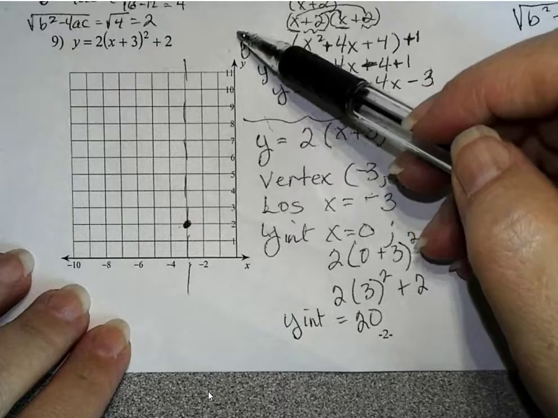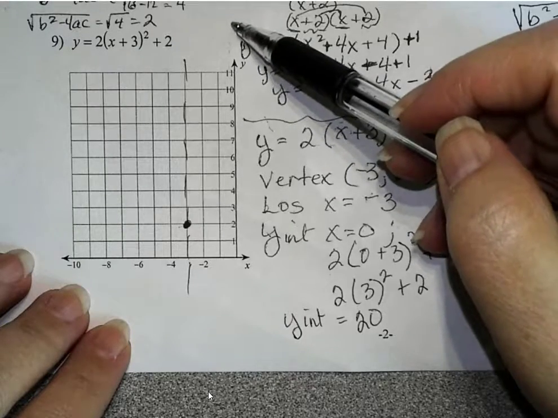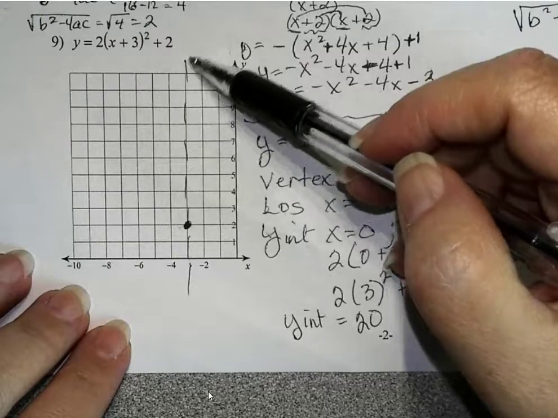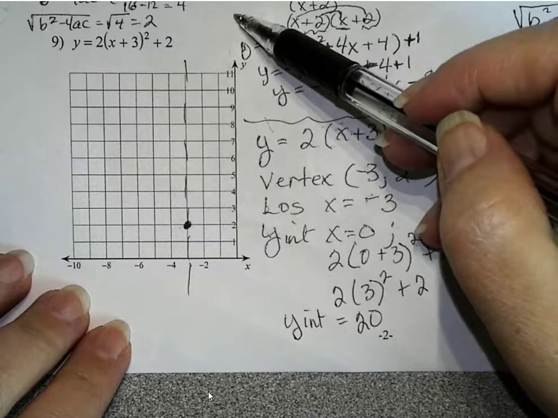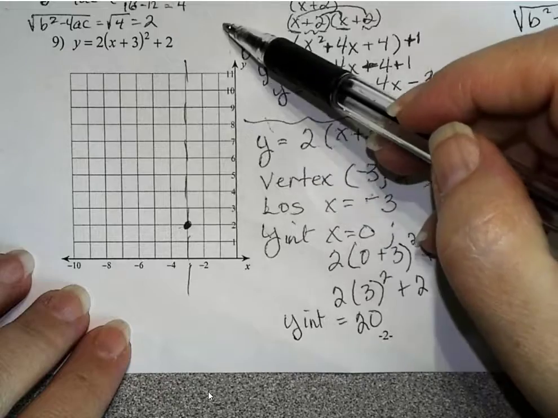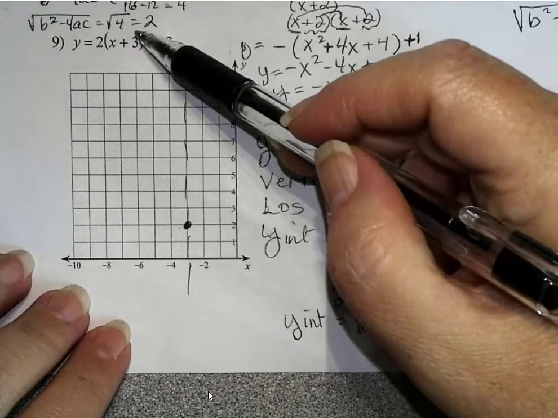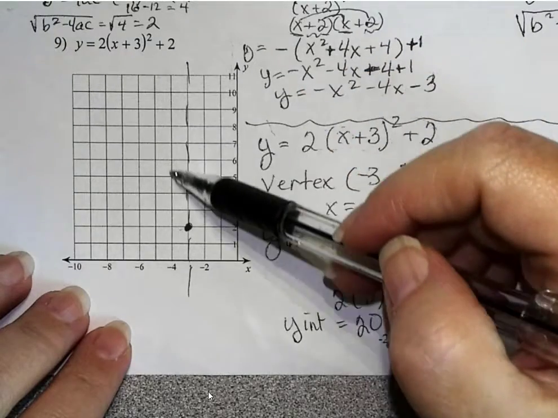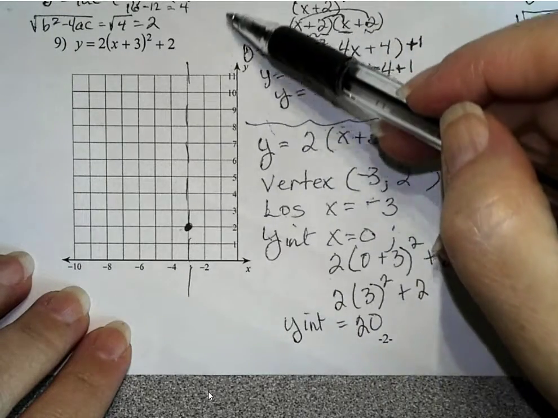However, what I do know is that if my y-intercept is way up here, and this is the line of symmetry, then because of the line of symmetry I have a mirror image that would be way over here, and this is going to be a graph that opens up.